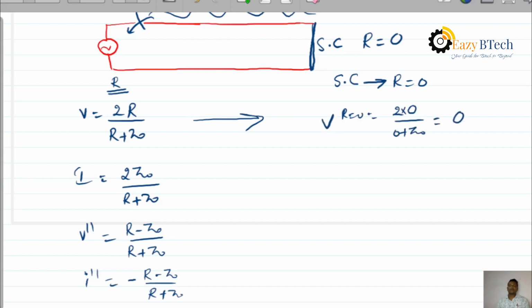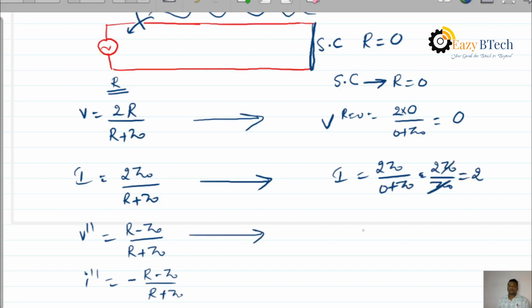Therefore, the voltage waveform is 0. Transmitted current I equals 2 into Z naught by 0 plus Z naught, which becomes 2 Z naught by Z naught. Z naught gets cancelled, and you get 2.